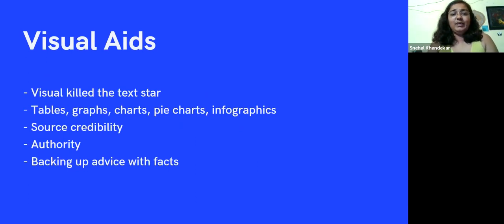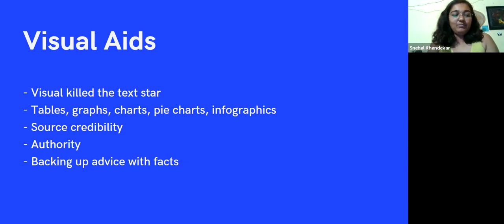The next important part is visual aids, which are your tables, graphs, pie charts, infographics. One thing that you need to remember while using these is that they need to be from credible sources. Like Palak earlier mentioned while covering her research part, just like you take information only from your BBC, CNN, CNET, TechCrunch, etc., you take your graphs, tables, pie charts also from the same sources.